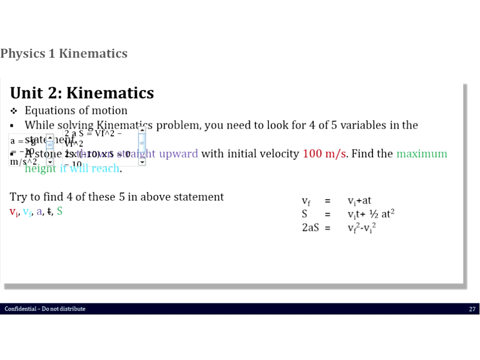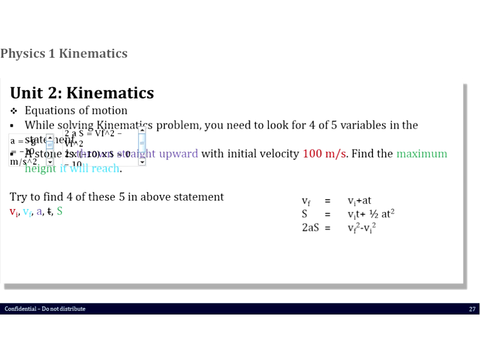Okay. So now let's solve it, and first let's do some cleanup. Minus 20 multiplied by S is equal to minus 10,000, and multiply both sides by negative 1, and you get 20 S is equal to 10,000, and S is equal to 500 meters.